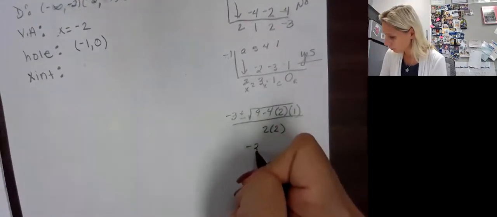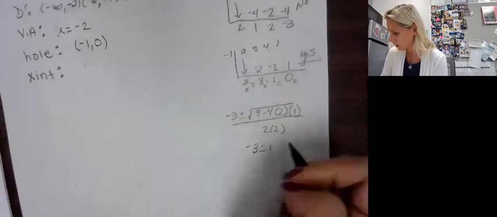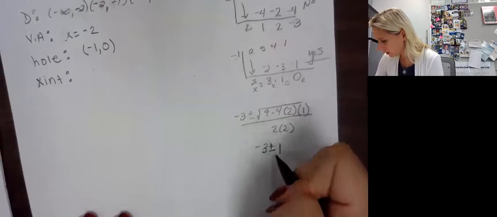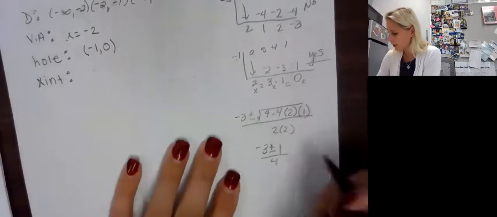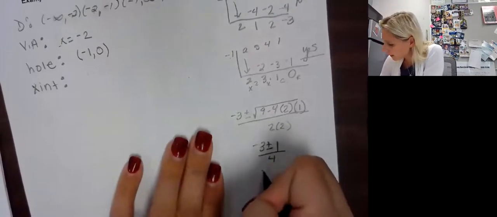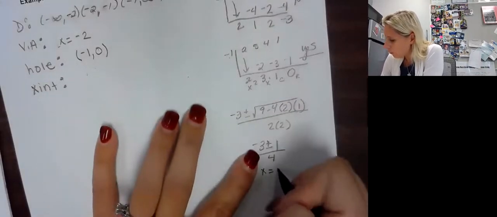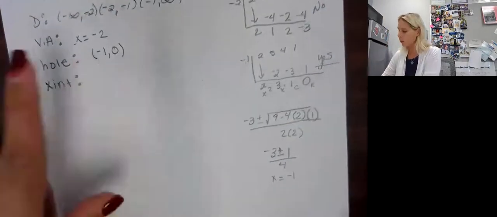We get -3 plus or minus 1 all over 4. Okay, so we would get x equals -4 over 4 is -1, which we've already indicated is a hole.